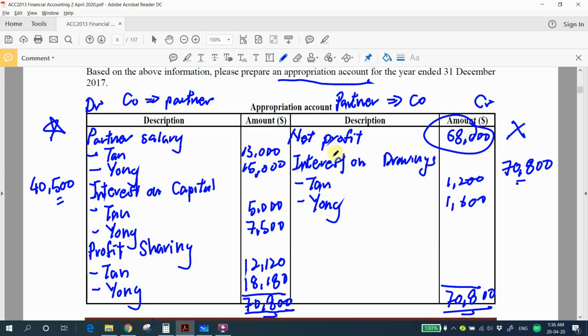Why? Because this net profit has been shared to the partners at the end. So it means that this amount has been fully allocated or distributed to the partners. So no need to transfer this amount again.